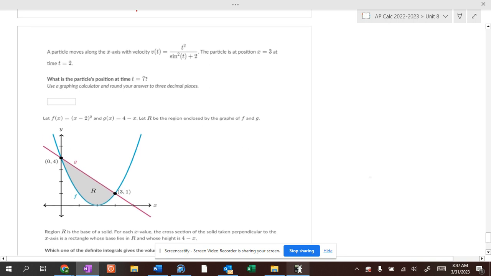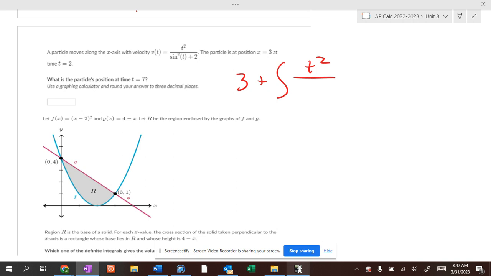Last one. Whoop, second to last one. Particle's position at time equals 7. So it's 3 plus the integral of t squared over sine squared of t plus 2 from, oh, no, from 2 to 7.